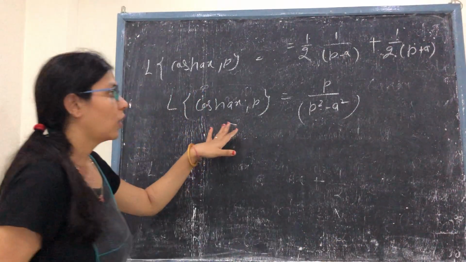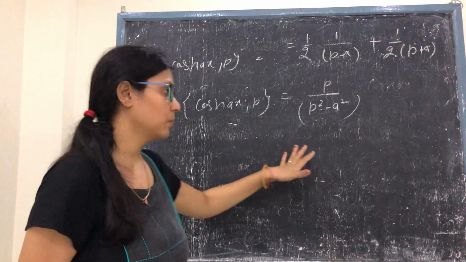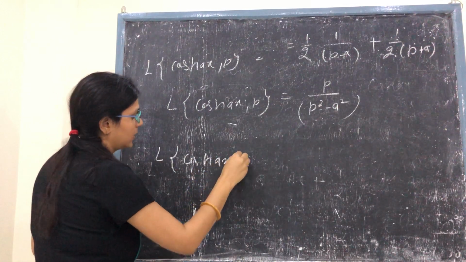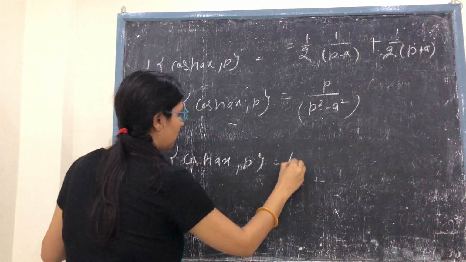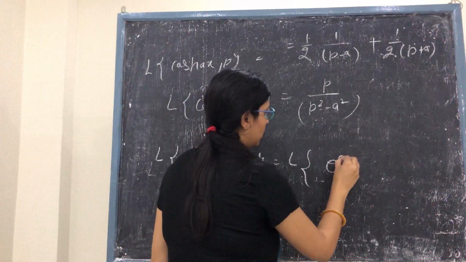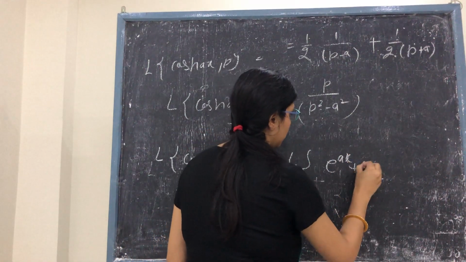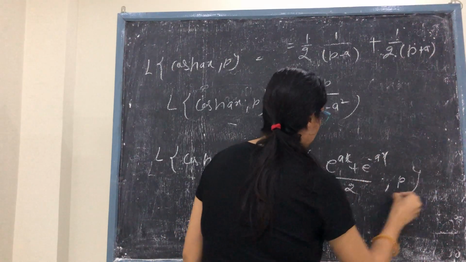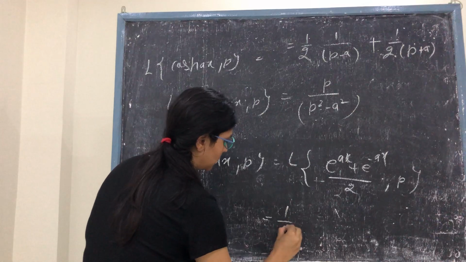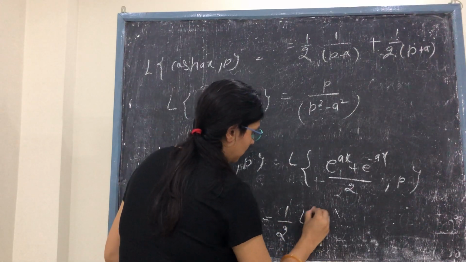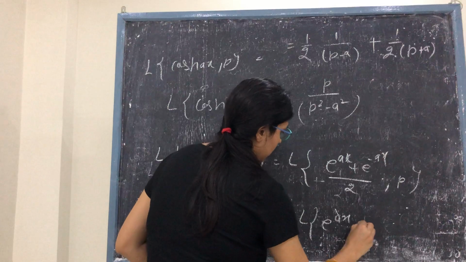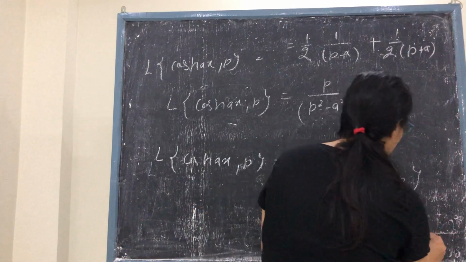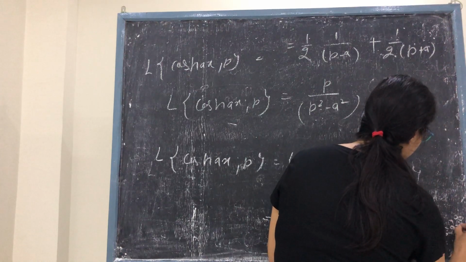Now, if we solve it using the linearity property directly, we can write the Laplace transformation of cos hyperbolic ax at p equals the Laplace transformation of e raised to the power ax plus e raised to the power minus ax over 2. Further, we can write it as 1 upon 2 Laplace transformation of e to the power ax plus 1 upon 2 Laplace transformation of e to the power minus ax.